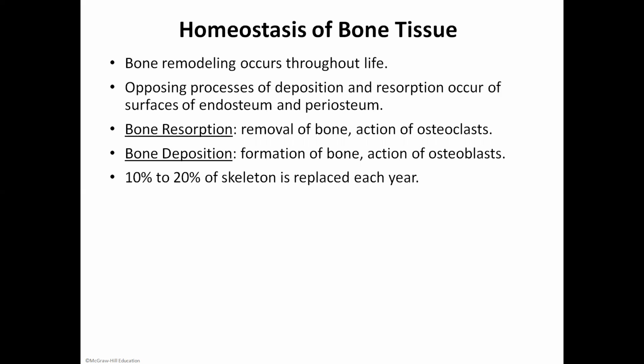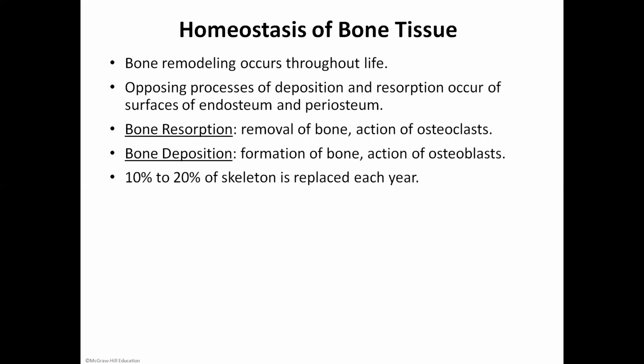So bone remodeling is constantly happening due to calcium, and it occurs throughout life. Usually 20% of the skeleton is replaced each year. And the reason we don't notice this is because it's happening so frequently that we have a mixture of resorption and deposition taking place. Basically, with bone resorption, we're removing bone. If we're removing bone and breaking down bone, we're using osteoclasts.